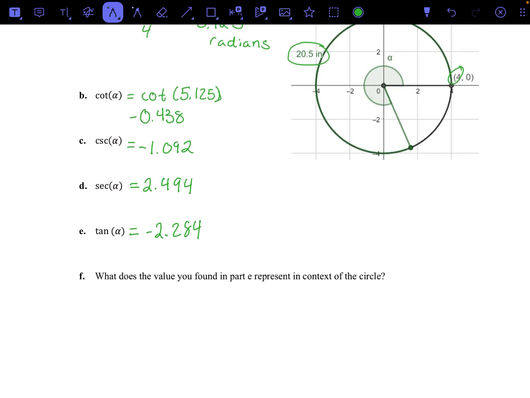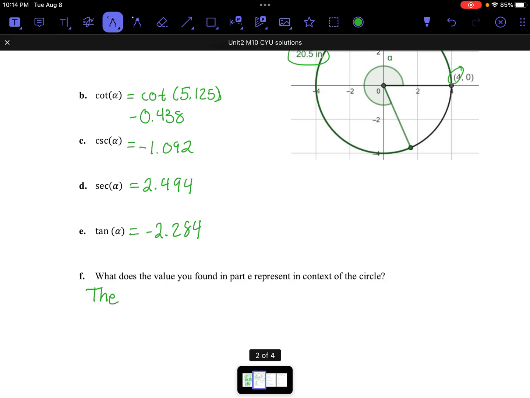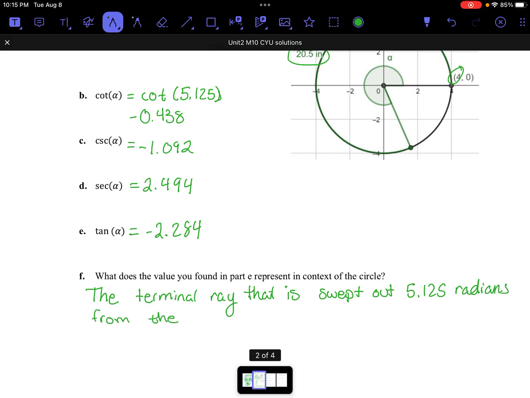And so in the case of this particular situation, the terminal ray that is swept out 5.125 radians from the 3 o'clock initial ray has a slope of negative 2.284.